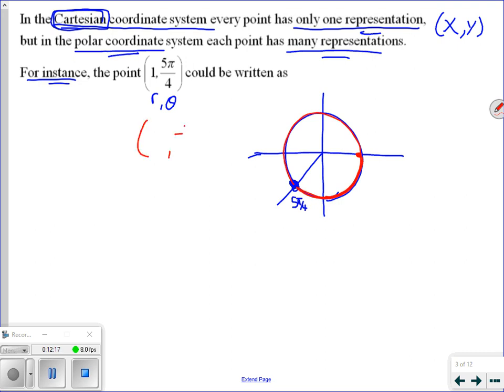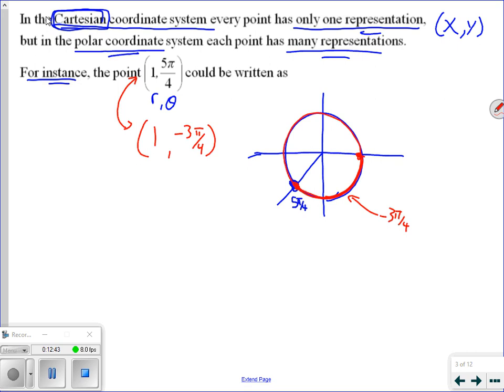Turns out that's going to be negative 3 pi over 4, right? If I were to travel negative 3 pi over 4 radians from the initial side here at the origin, I would be over here at the same point as 5 pi over 4 with a radius of 1. So instead of going forwards, I can move backwards. Both these points will take me to the same spot on the polar graph.